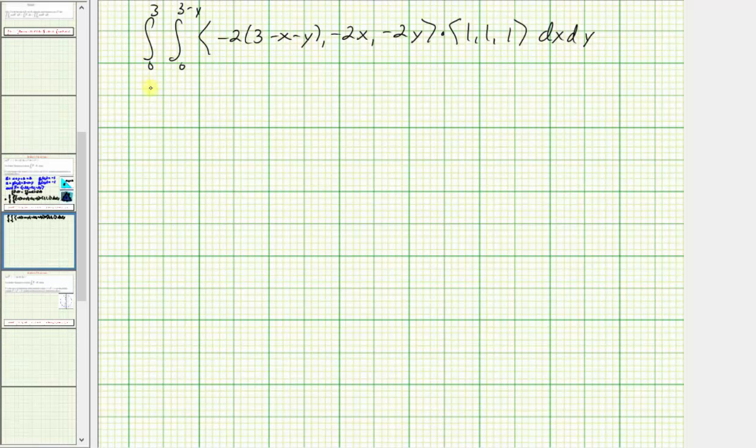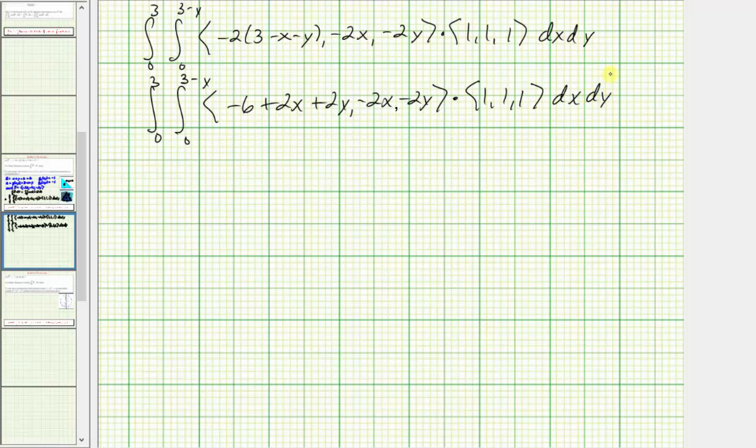Let's go and distribute the negative 2 here. So the x component would be negative 6 plus 2x plus 2y. Everything else stays the same. And notice how here we just have 1 comma 1 comma 1, so the dot product is just going to be negative 6 plus 2x plus 2y minus 2x minus 2y, dx dy, and this simplifies nicely. 2x minus 2x is 0, 2y minus 2y is 0.